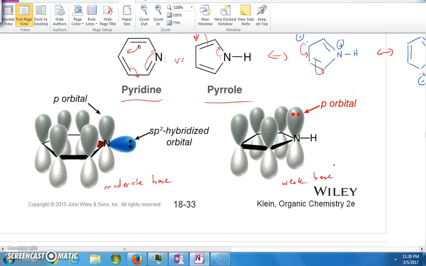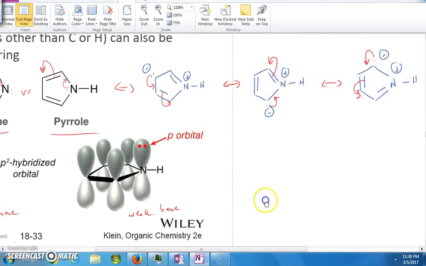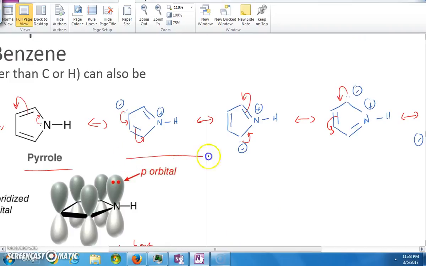The reason is that pyrrole can become aromatic, and the lone pair of electrons actually participates in resonance. As you can see here, if you draw the resonance form, you now have a total of 3 pi electron pairs, and also a total of 4n plus 2 pi electrons, which is 6, where n equals 1.